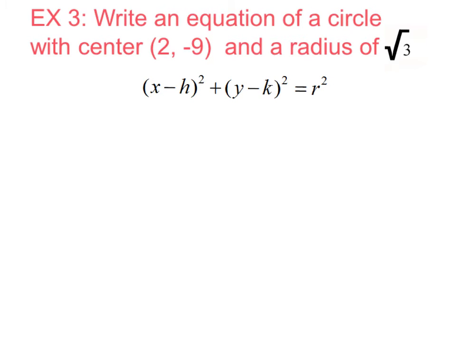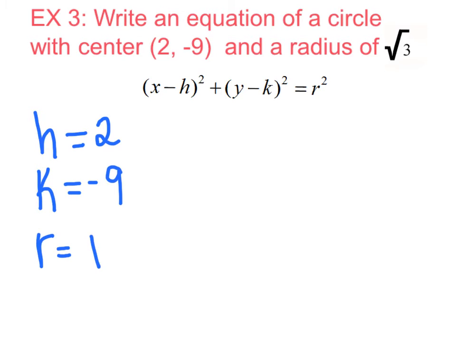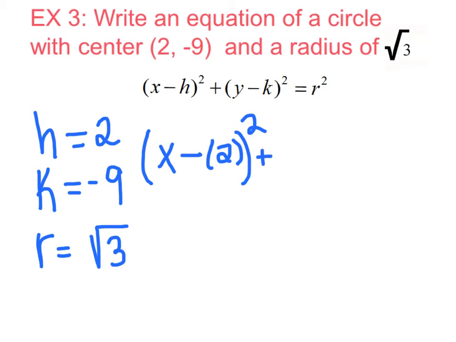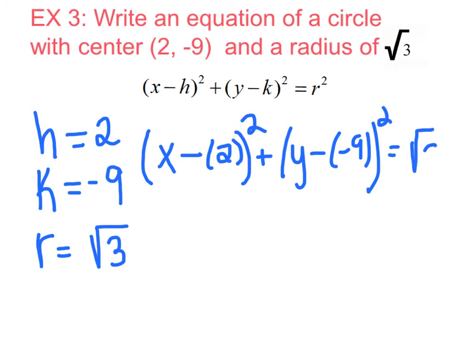Example 3. Write an equation of a circle with a center of 2, -9 and a radius of radical 3. So our h equals 2, k equals -9, our radius equals radical 3. Substitute everything in. x minus 2 squared plus y minus -9 squared equals radical 3 squared.